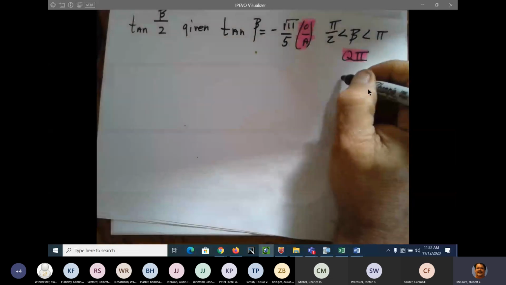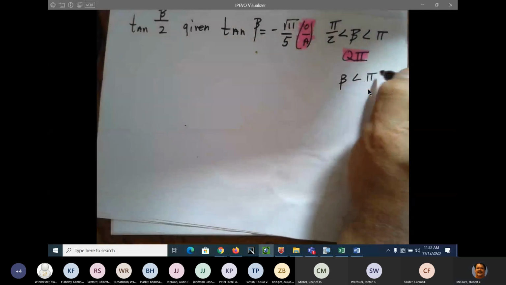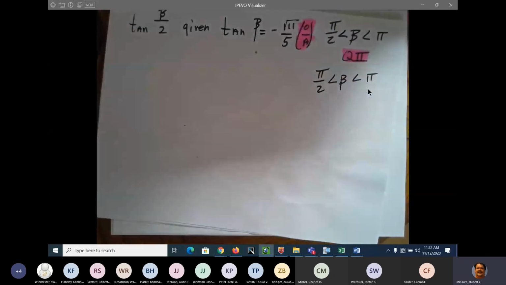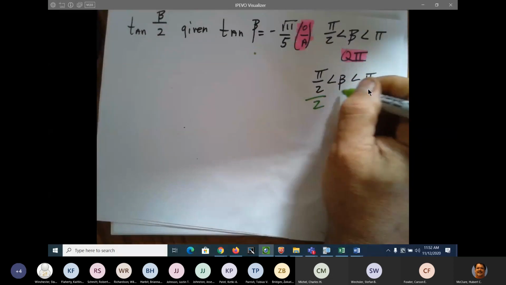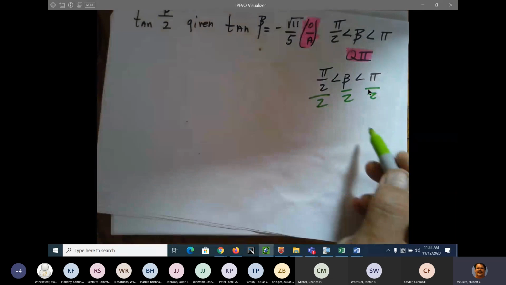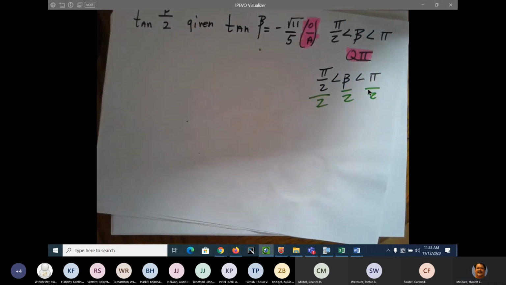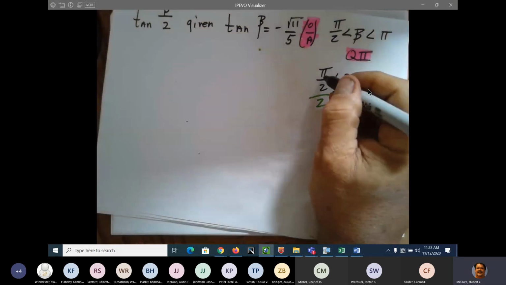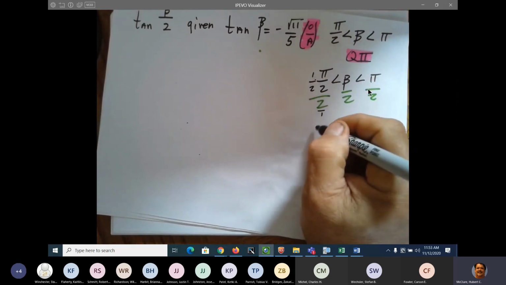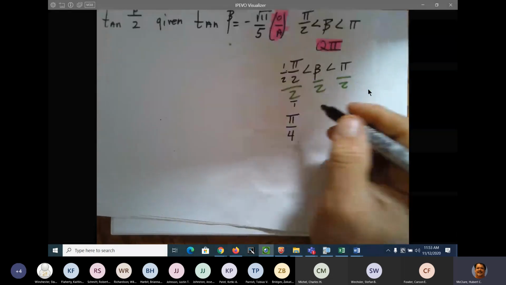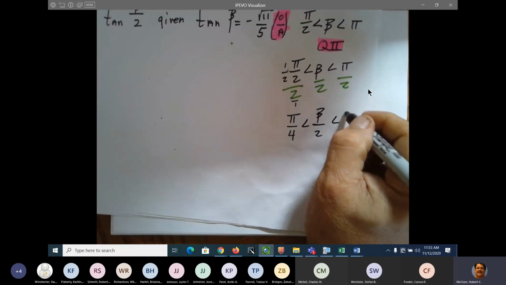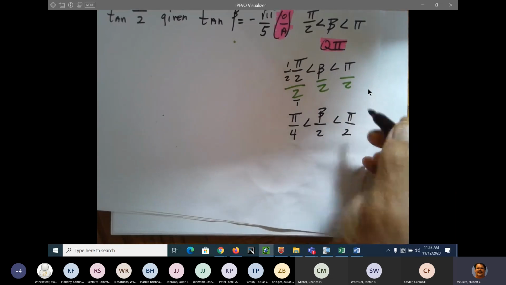So I'm going to take beta, and I'm going to divide everything by 2. And therefore, beta over 2, what we're looking for, that'll tell me what quadrant it's in. So that's pi over 4, beta over 2, pi over 2. So I believe that's in quadrant 1.